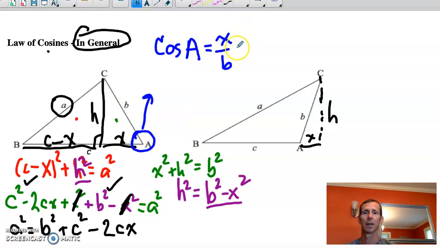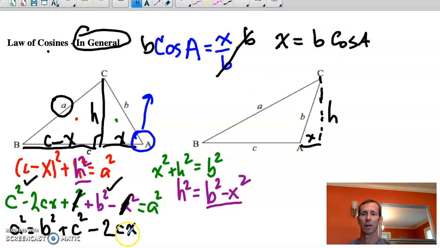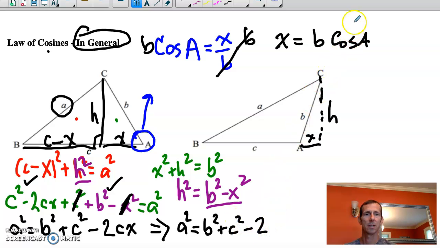So up here, I can get x by itself by multiplying both sides by b. So if I multiply both sides by b, boom, I have an expression for x. It's b cosine a. So now in place of this x, I can put that b cosine a. So this expression becomes a squared equals b squared plus c squared minus 2c times all of this.